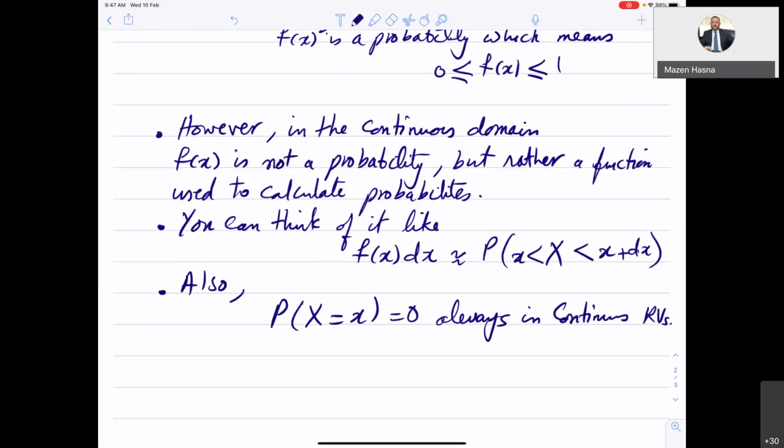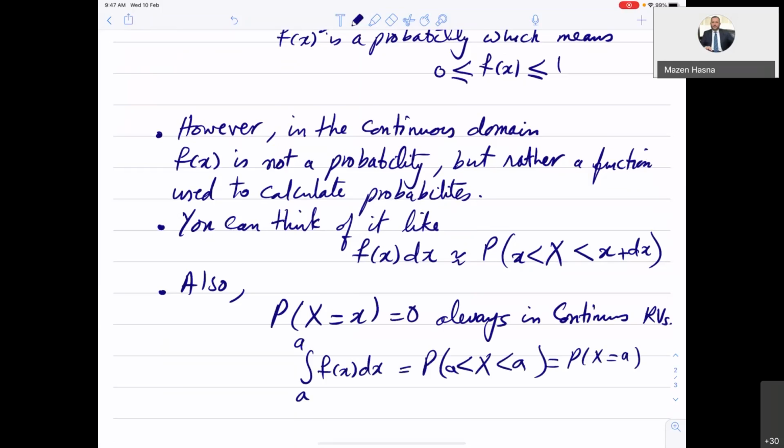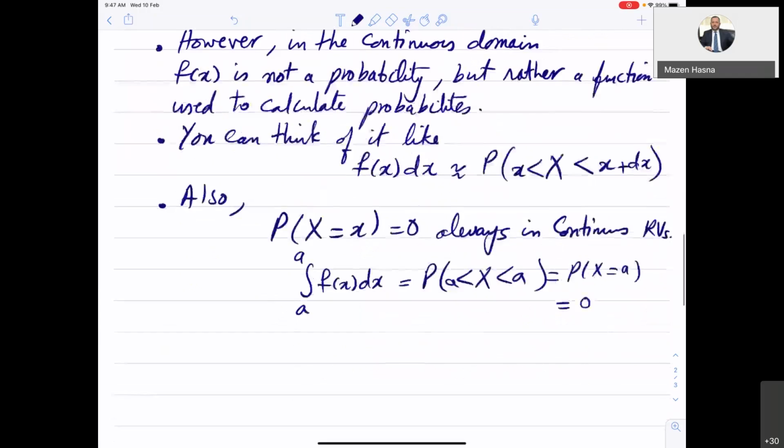So in continuous random variables, it does not make sense to talk about the probability of a single point. We do not talk about probabilities of single points, but rather probabilities of ranges. Because as one of you mentioned, integration from a to a of f of x dx, which is the probability that X equals a, is 0.